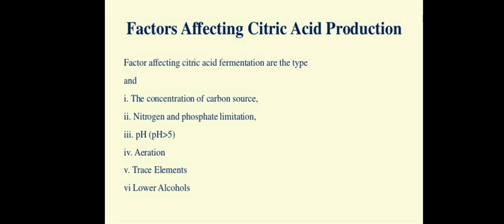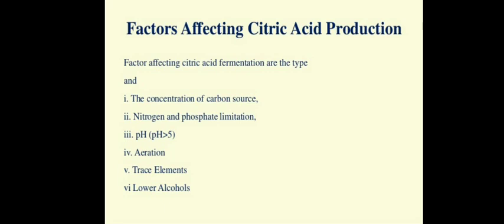The second factor which affects the citric acid production is nitrogen and phosphate limitation. Now first we'll see about nitrogen source. Whenever citric acid production takes place, it is directly influenced by the nitrogen source.